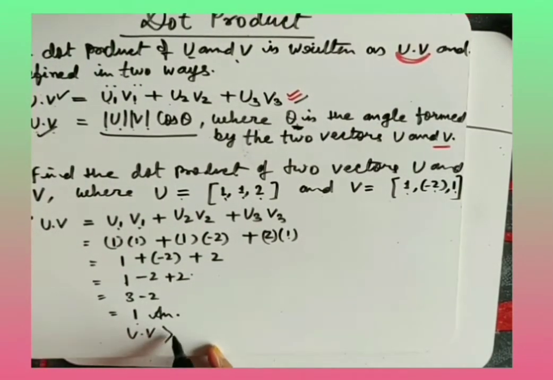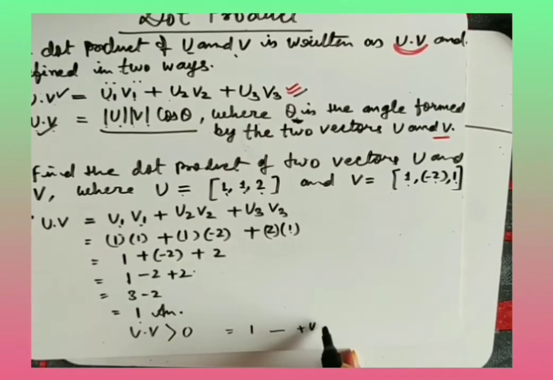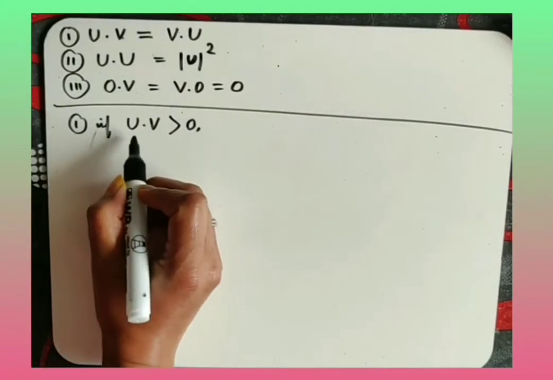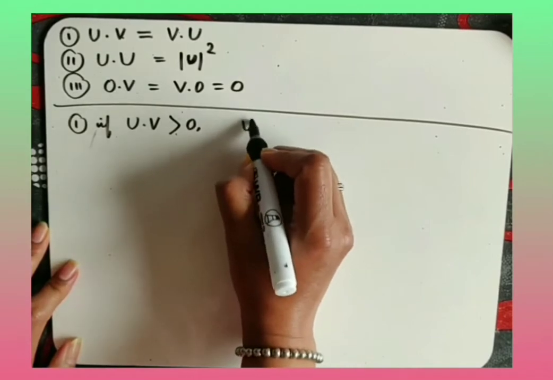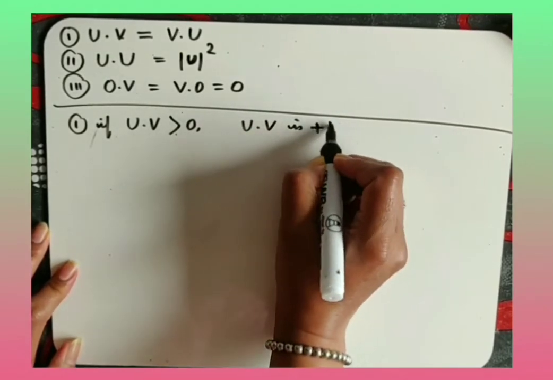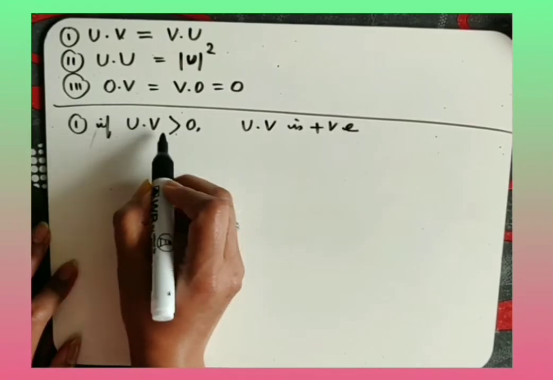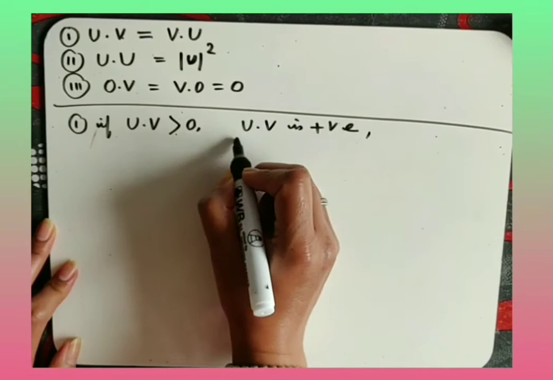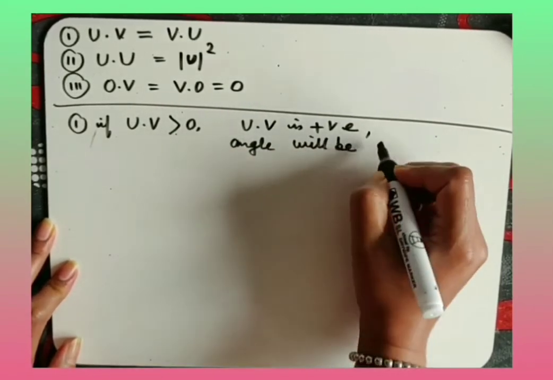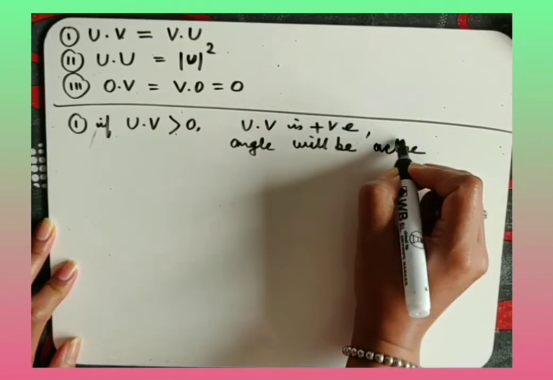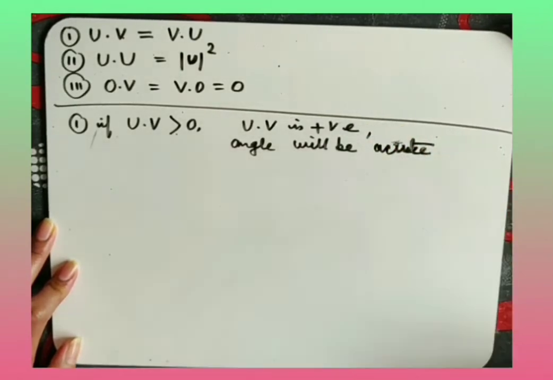So if u dot v is positive, it means the angle formed by the two vectors is acute.